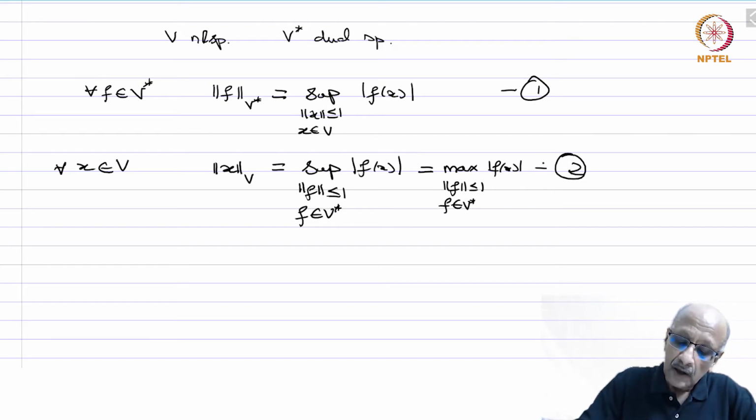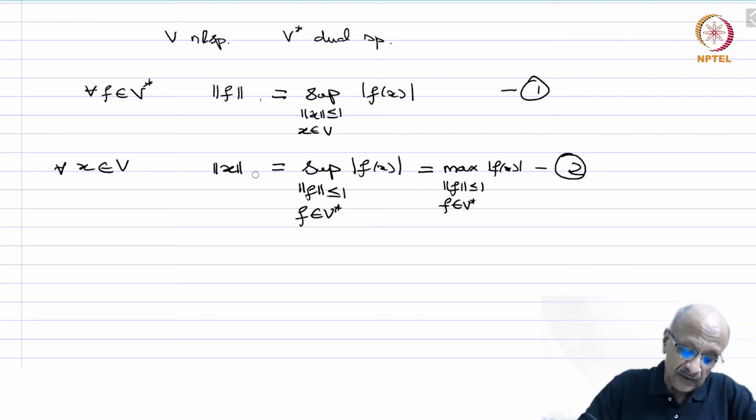So let me erase the subscripts. The first one is a definition. The second relation is a corollary. It came as a result of the theory. This is the starting point.